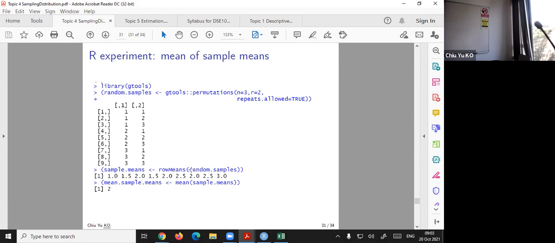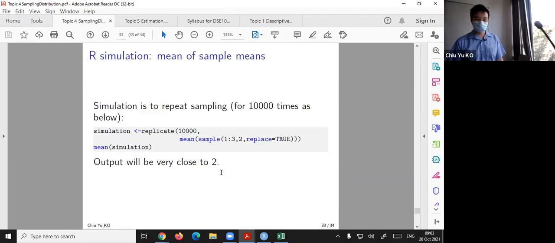So the function we'll be using is called sample. What it is asking here is, from the data vector 1, 2, 3, I draw two numbers, and I replace, because this is a simple random sample.